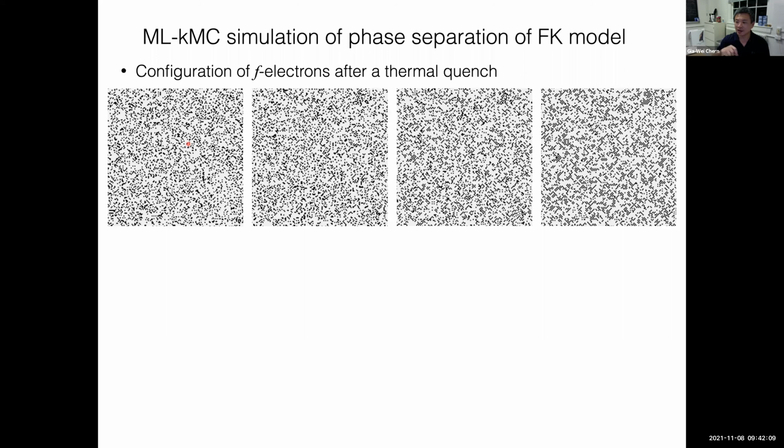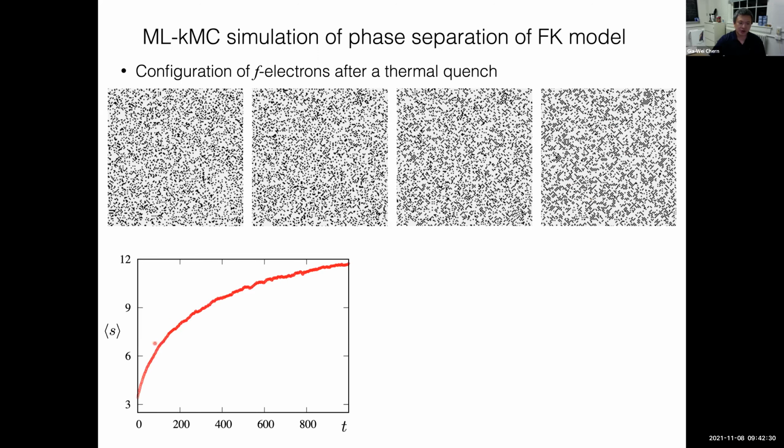And then these F electrons do this random walk and try to segregate and form these CDW checkerboard patterns. So you can see that yes, some small checkerboard patterns can be seen at late times of the phase separation. And this figure shows the average size of the checkerboard as a function of time. And you can see that the size is actually pretty small. Even at very late times, the size is less than 12.